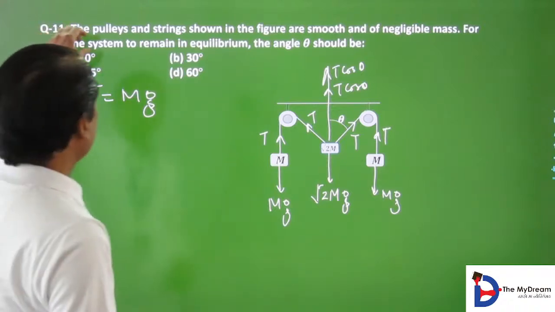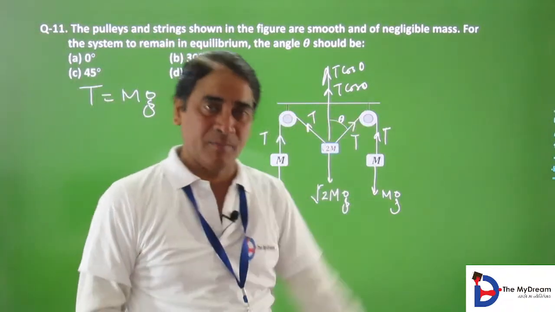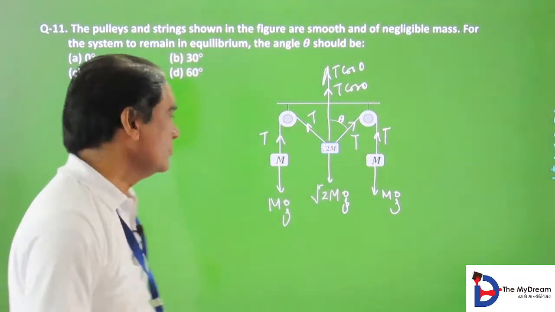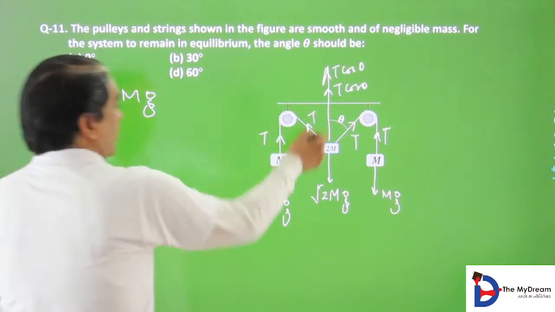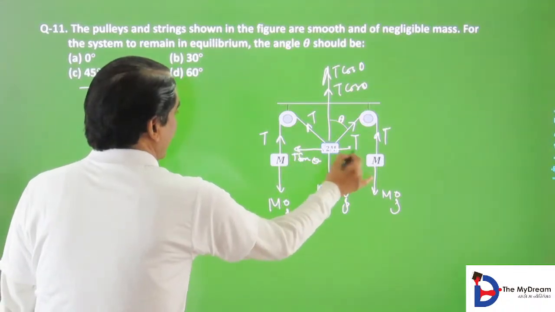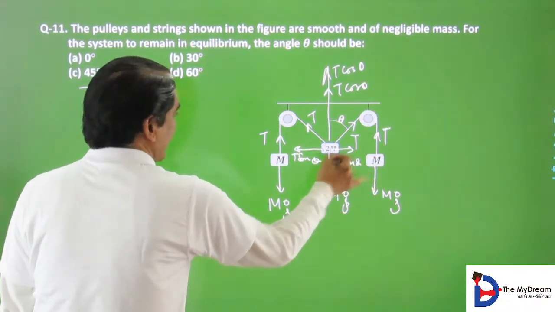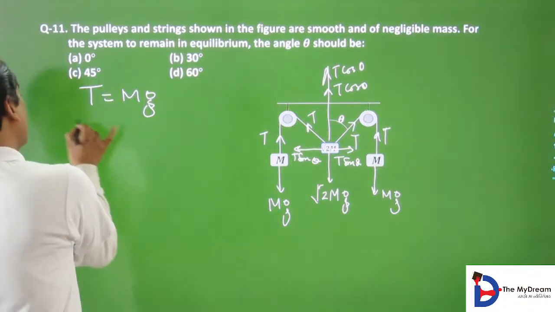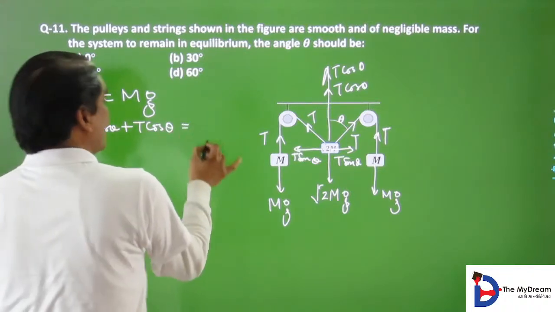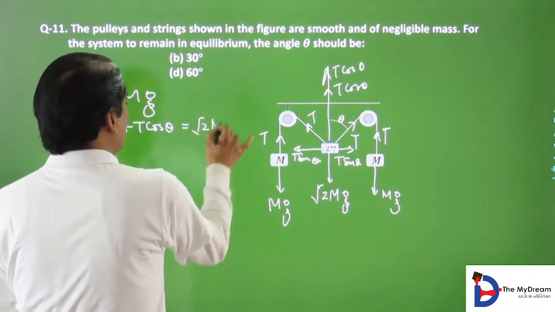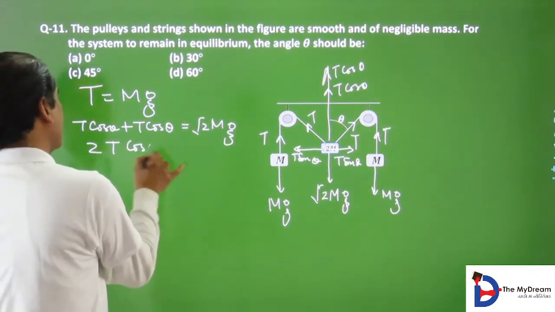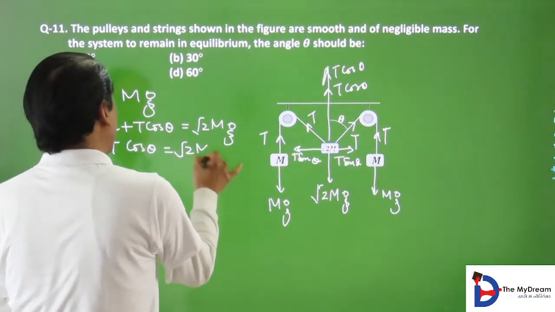For the system to remain in equilibrium, the net force on the system is 0. These T sin theta cancel out. So T cos theta plus T cos theta equals under root 2 mg. So 2T cos theta equals root 2 mg.